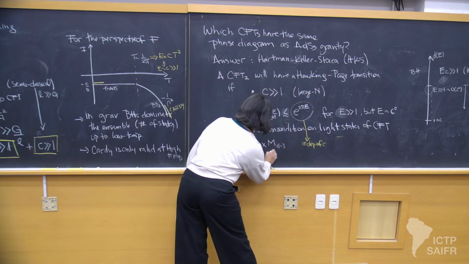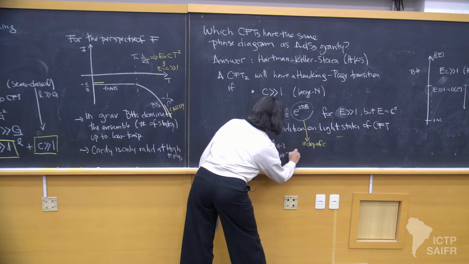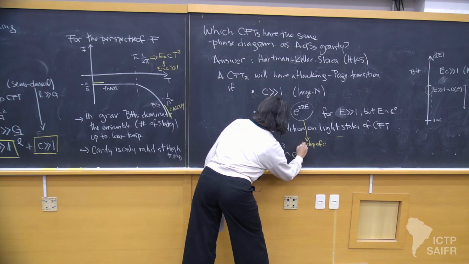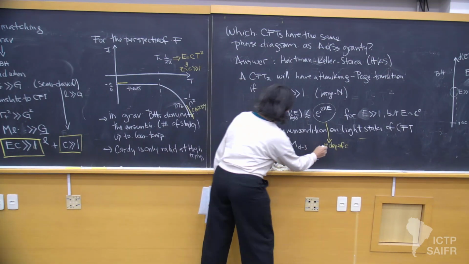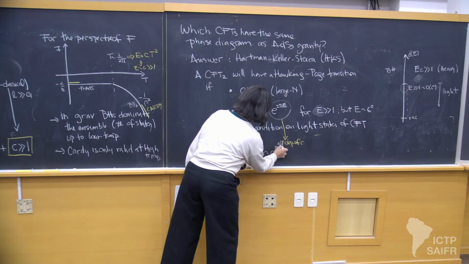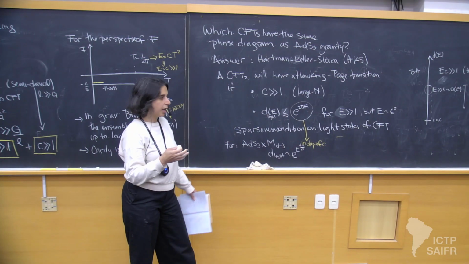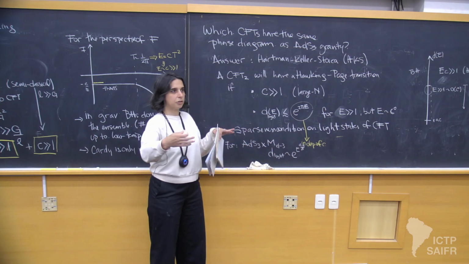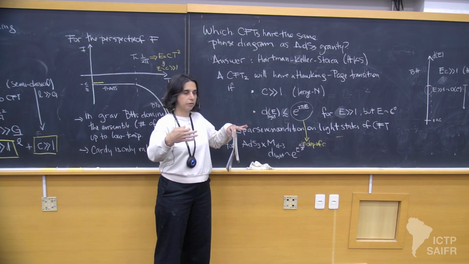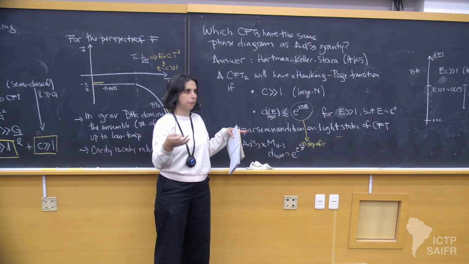D light in these cases goes like E to the (D minus 1) divided by D. The way that you can eyeball this computation is that this thing here is basically a box of D dimensions, and then you just do the thermodynamics of how many oscillators you can put in a box of D dimensions.